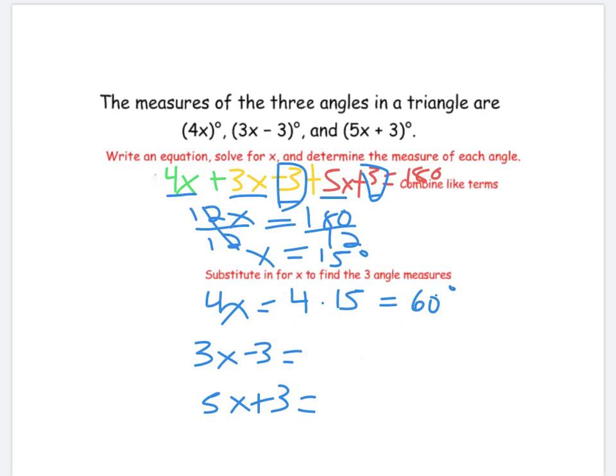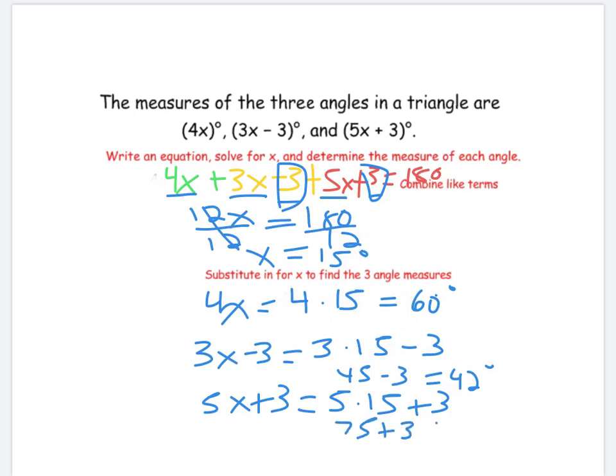Then I have 3x minus 3, so that means it's 3 times 15 minus 3. 3 times 15 is 45, minus 3, which gives me 42 degrees. And then my last one is 5x plus 3, so it's 5 times 15 plus 3. If I multiply 5 times 15, I get 75, plus 3 gives me 78 degrees.